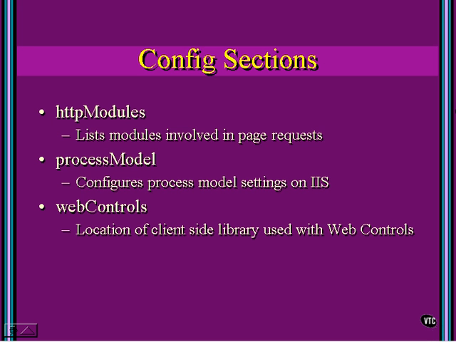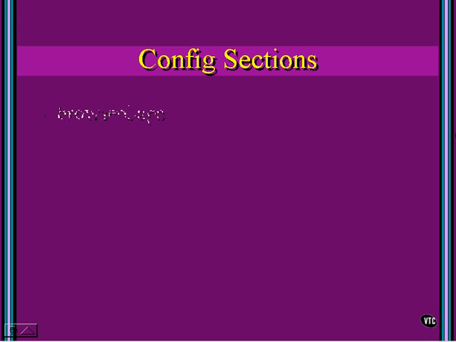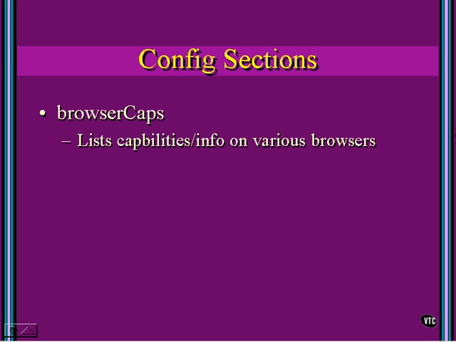That JavaScript is where the client-side library resides. So if you ever try to use web controls and you get an error message about JavaScript modules, this is where you need to come, because web controls is what points it to where that library is. Client target, this lists valid values for the client target property.